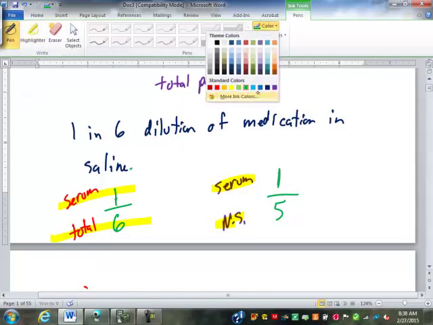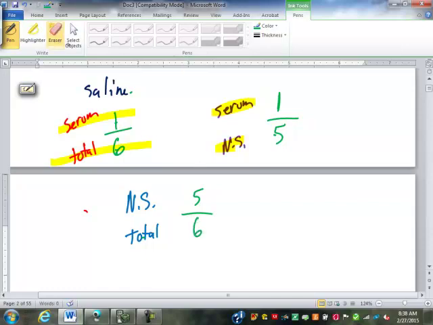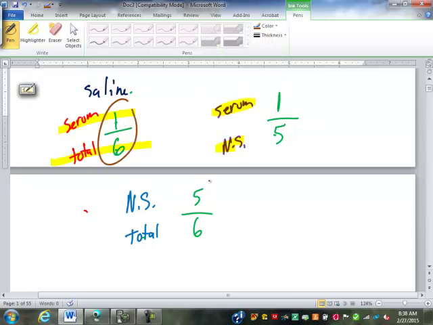And there's one other ratio we can get out of that yet. We can get the saline to total solution. Well, we've already figured out how many parts of saline there are. There are 5 parts to 6 parts of total solution. Which makes sense. If 1 out of 6 parts is serum, the other 5 out of the 6 parts has to be saline.